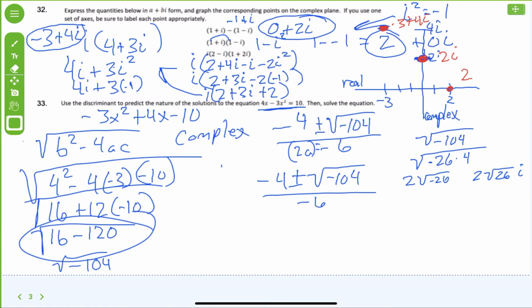So now we have negative 4 plus or minus 2 square roots of 26i over a negative 6.